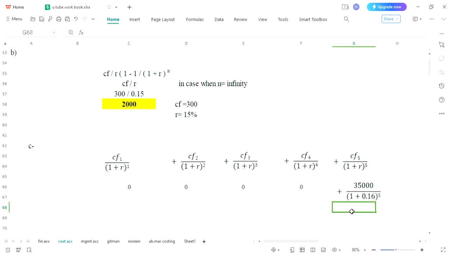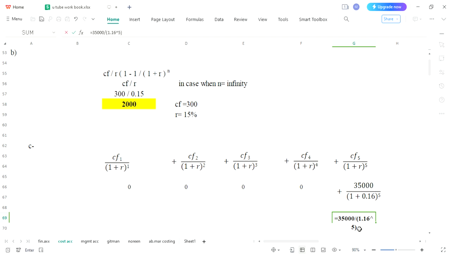Finally, we will be putting it on our calculator. Simply 35,000 divided by, starting your bracket, 1 plus 0.16, it would become 1.16, and raised to power 5 you will put, close your bracket. Please note down how we have posted the amount on the calculator. 35,000 divided by bracket start, then we have added 1.16 raised to power 5.